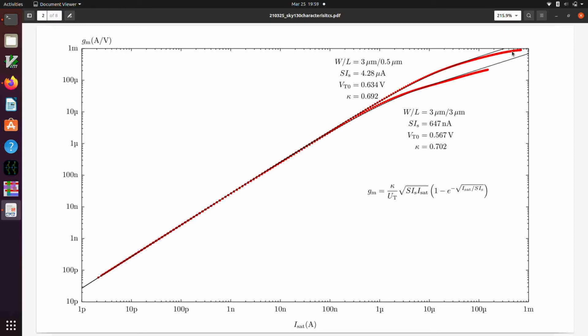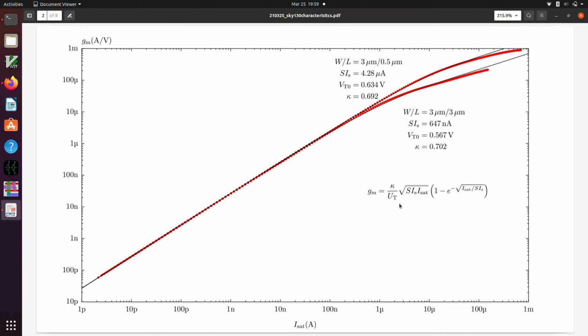So this is probably carrier velocity saturation up here. And so that will start to flatten this curve out. But it does capture this behavior quite nicely through the weak inversion to moderate inversion to strong inversion. Very nicely with the fit parameters from the curves on the previous page.